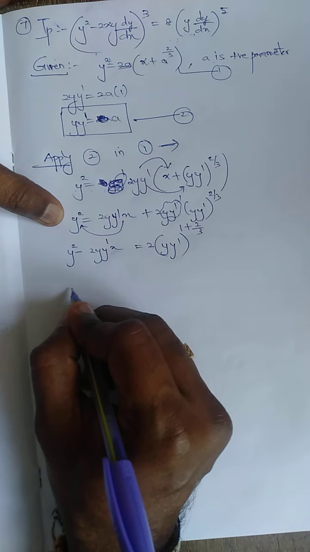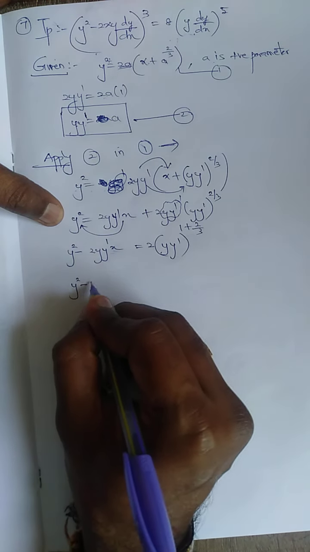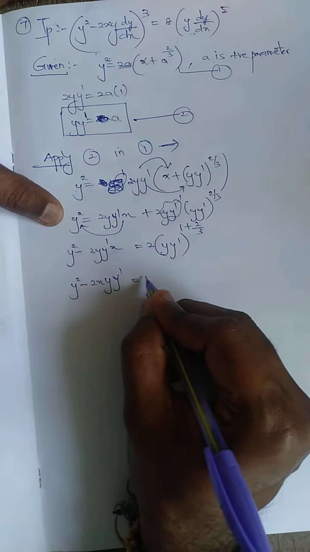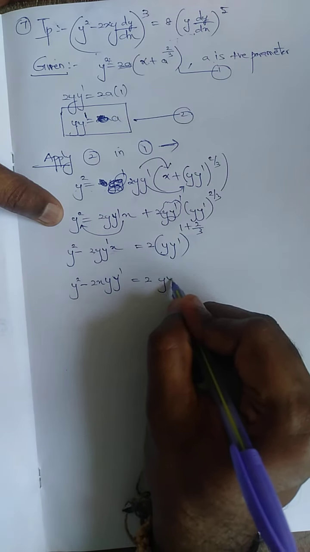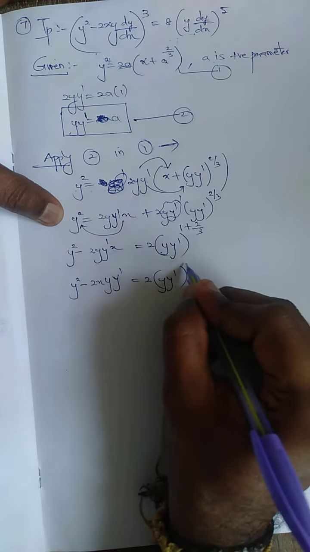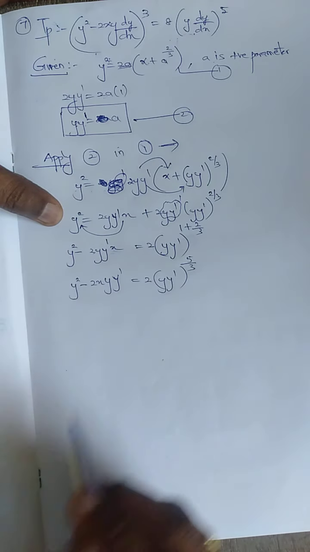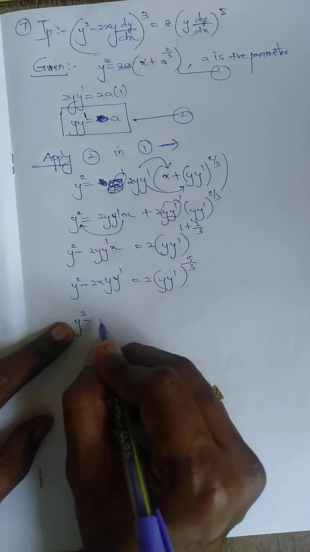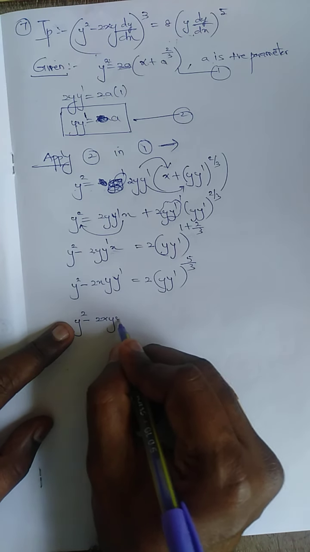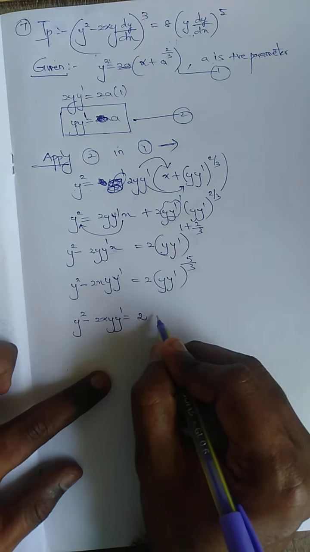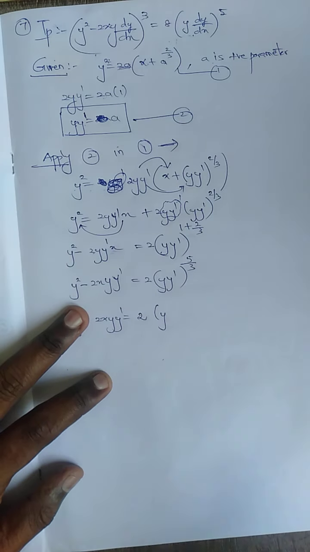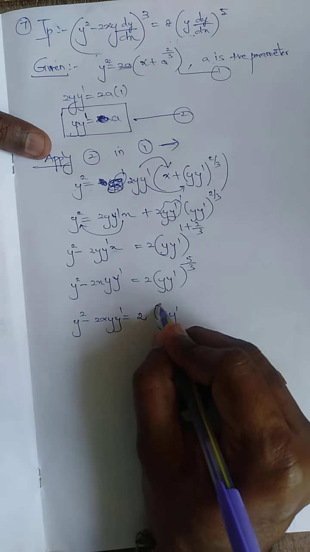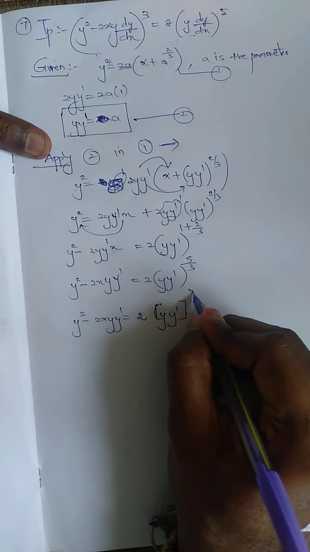Add the powers: 1 plus 2 by 3 is 5 by 3, because 3 into 1 is 3, and 3 plus 2 is 5 by 3. So y square minus 2x y dash is equal to 2 times y dash, in a bracket, to the power 5 by 3.